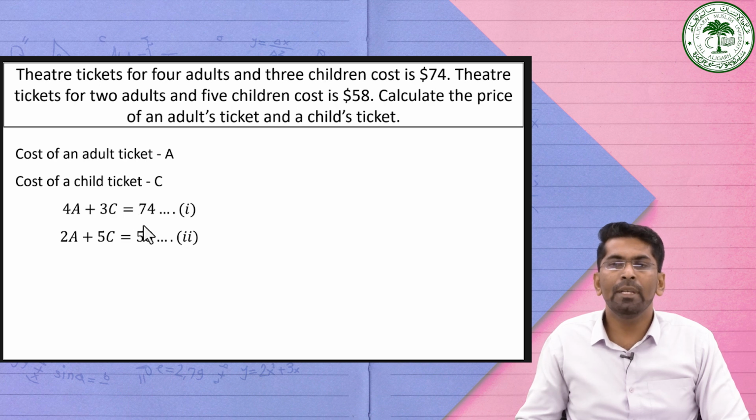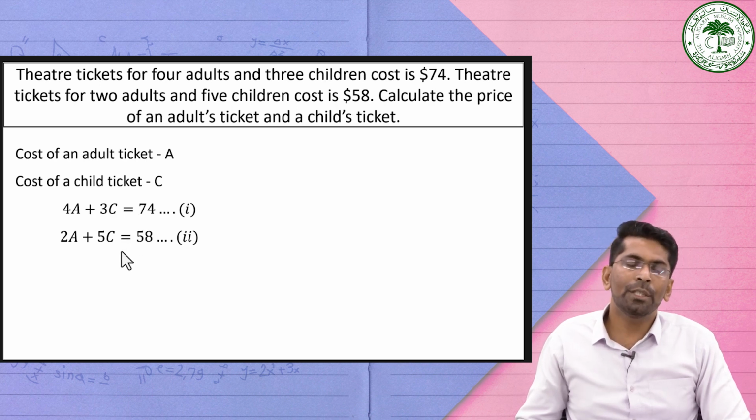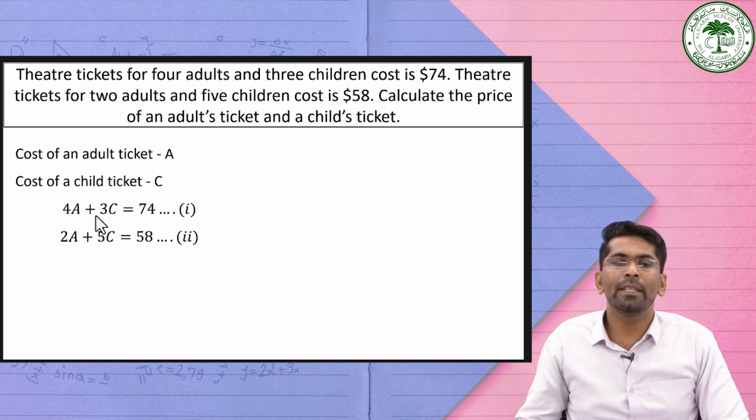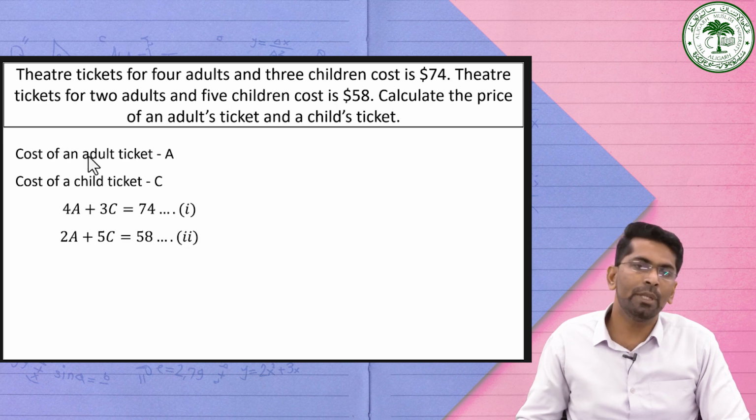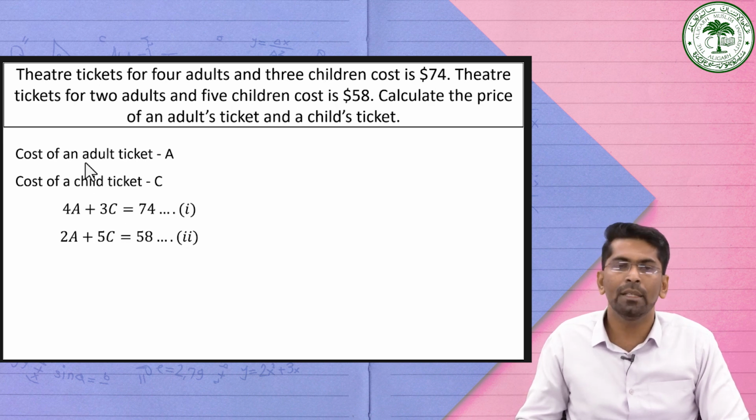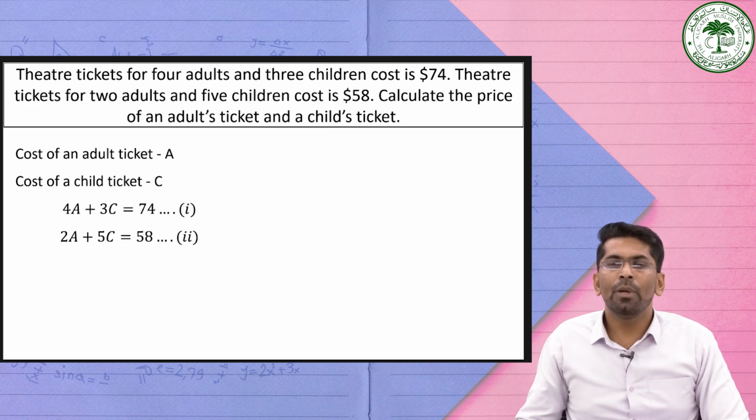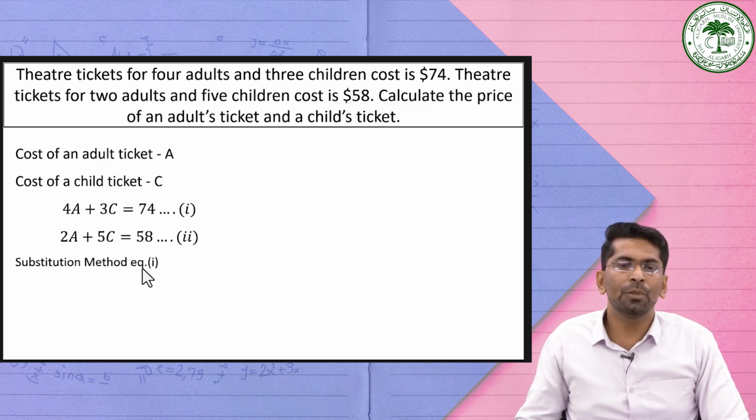Now we have a system of two equations with two unknown variables, A and C, where A is the cost of an adult ticket and C is the cost of a child ticket. So now we can use the substitution method again. First, we use equation number 1, which is 4A plus 3C is equal to 74.